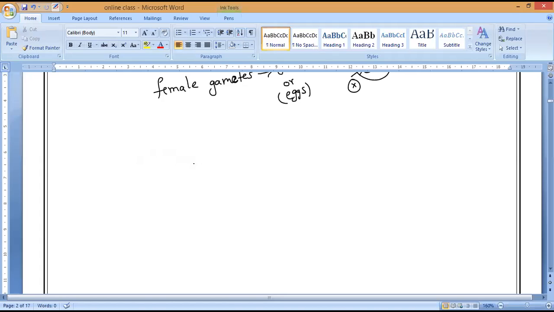So I said two points. What is the first point? If a sperm carrying X chromosome fertilizes an ovum which also carries X chromosome, then the born child will be a girl. That is the first point you have to write, because the child will have an XX combination of sex chromosomes, which decides a girl baby.